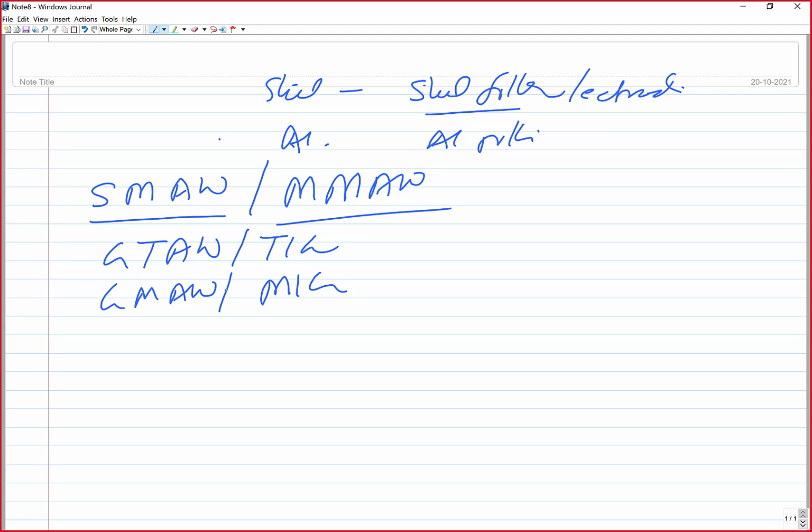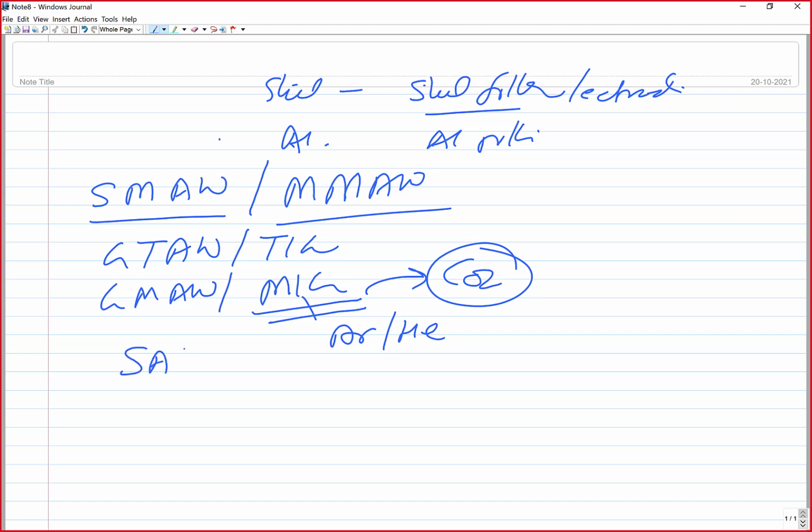There is another variant in MIG welding. We have to use inert gas like argon or helium, but there is another variant where we can use CO2 as well. Then we have submerged arc welding. Then we have electro slag welding and electro gas welding, two similar types of processes with a little difference.